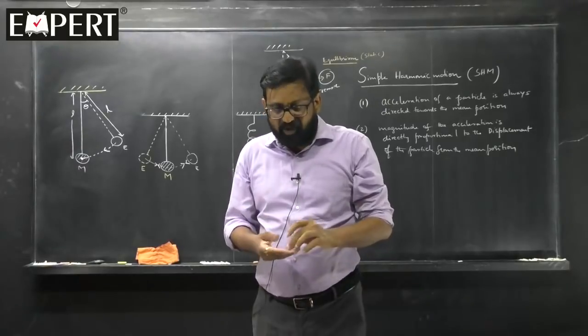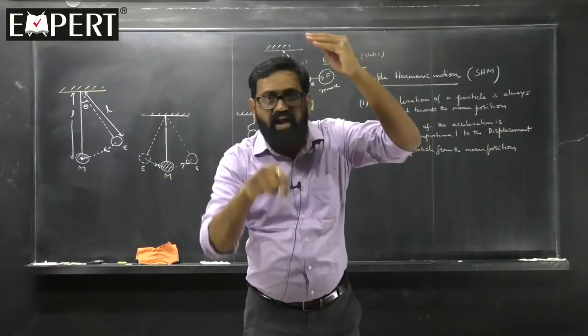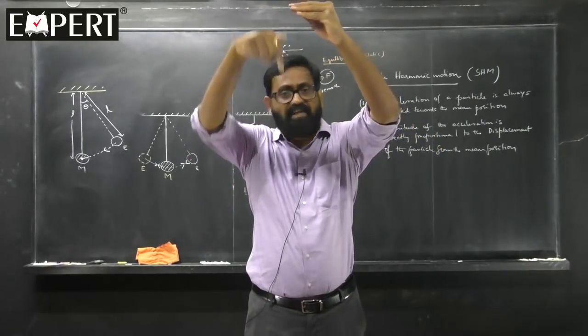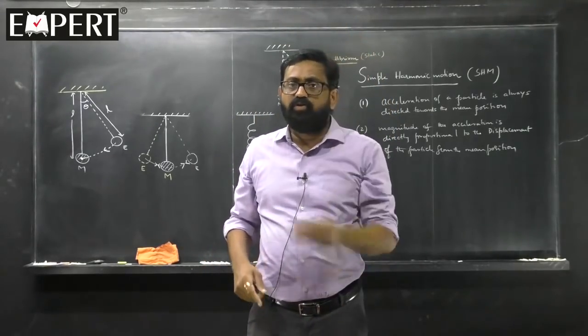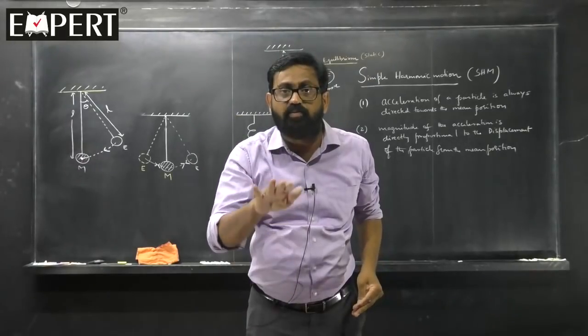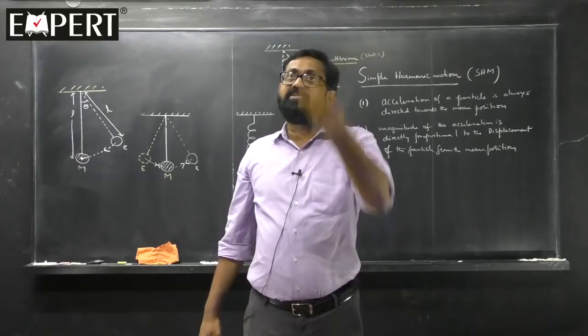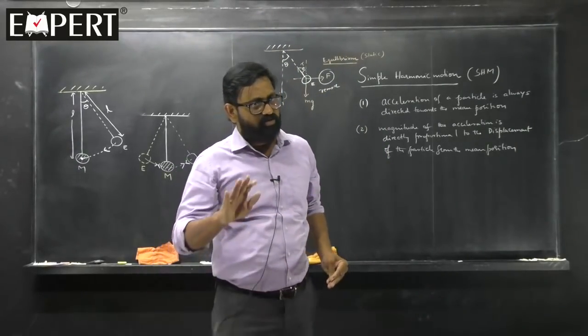Because once I throw the object, my job is over. After that, the body is moving under the effect of gravitational force. In what direction is acceleration due to gravity acting? Downward. In what direction is the chalk moving? Upward. Since the direction of motion is opposite to the direction of acceleration, its velocity goes on decreasing. I think you understood what I said.